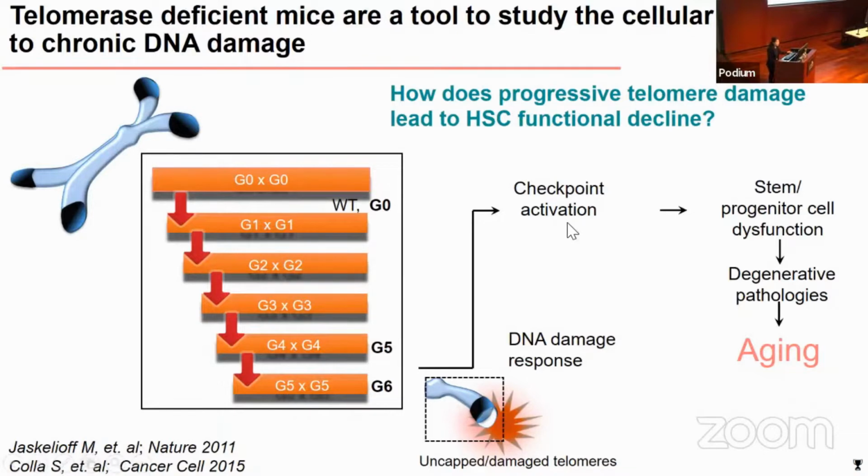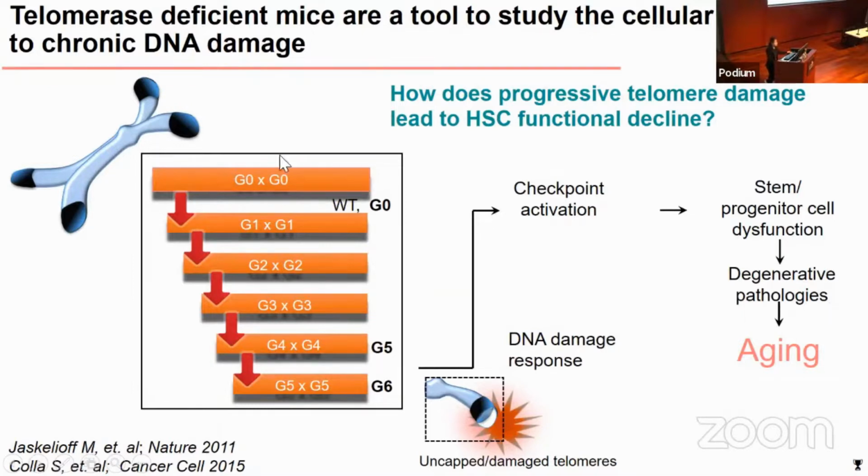Over the course of crossing, the mice show progressive telomere erosion. The telomeres of mice in generation 5 and 6 become critically short and remain uncapped. This induces their DNA damage response, resulting in severe tissue degeneration and an aging phenotype.